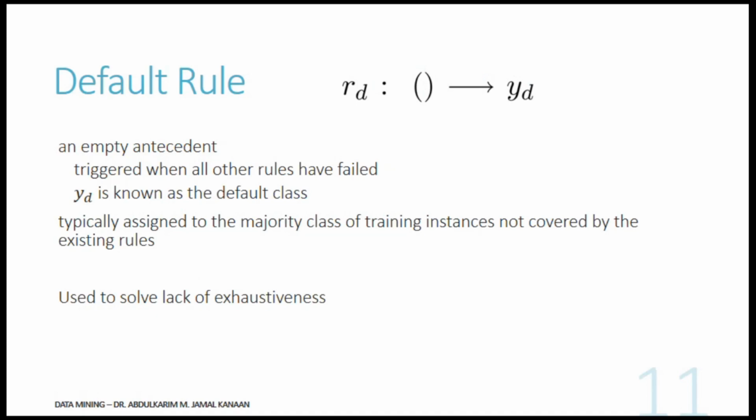If I cannot determine whether this is a bird or fish or whatever, I just say, okay, else it's reptile, because the majority of the cases inside my data set are reptiles. Okay, clear? Any question? So this will help to solve exhaustive rule sets and mutually exclusive ones.